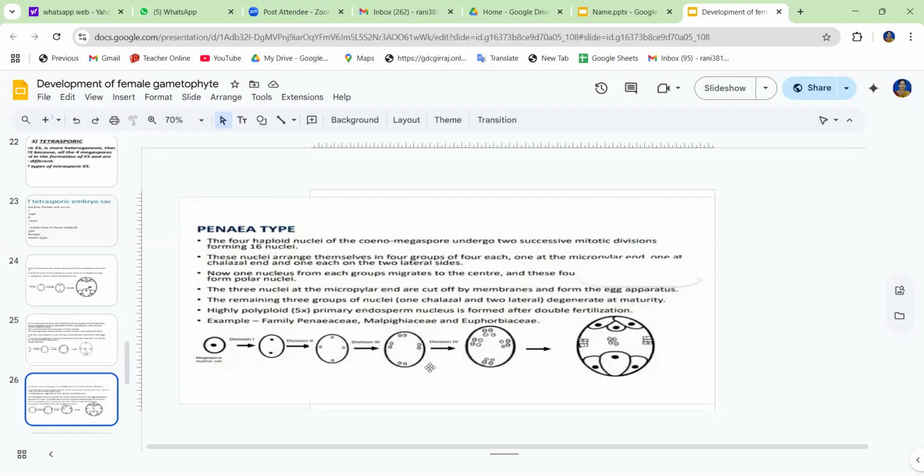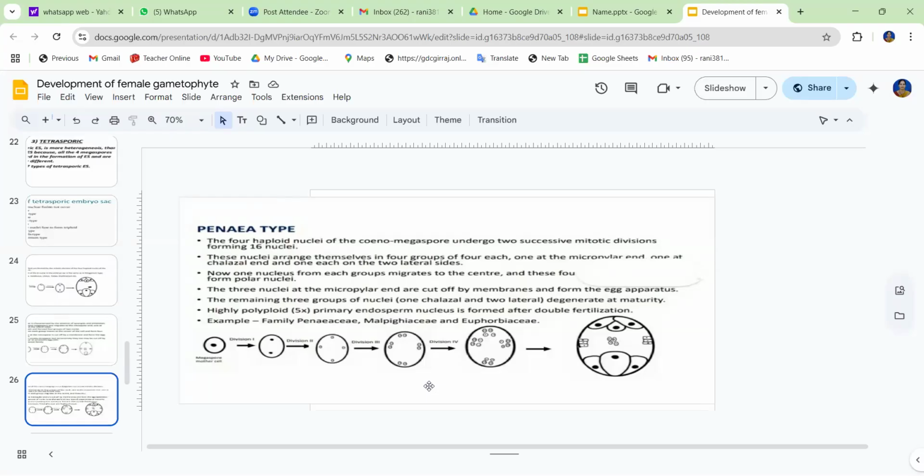This is up to the formation of the 3rd division. Now 1 nucleus from each group migrates to the center portion, and these fuse to form the polar nuclei. That means the nucleus from each of the 4 groups migrates to the center, and these 4 form the polar nuclei. The 3 nuclei at the micropylar end are cut off by membranes, and they form the egg apparatus.